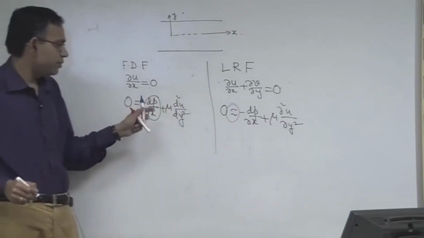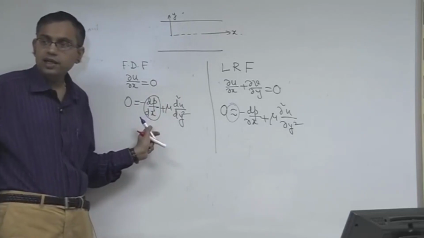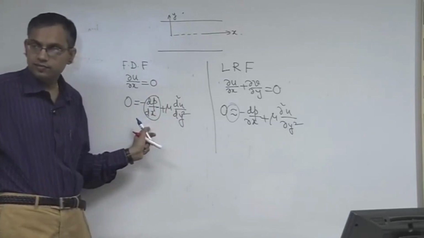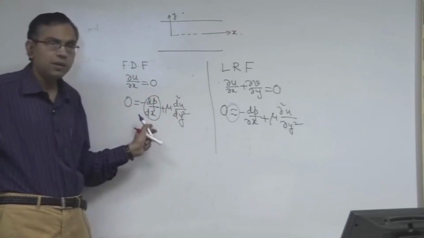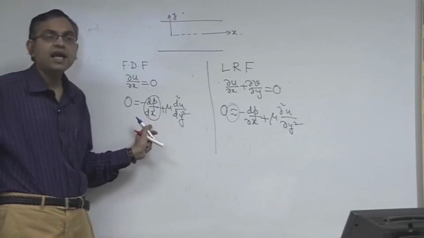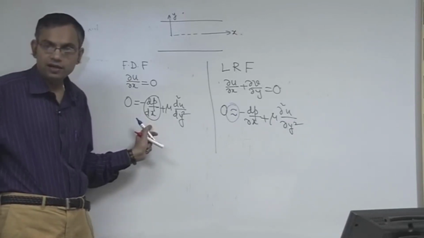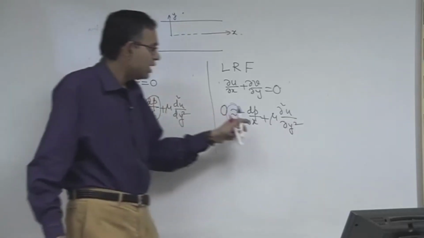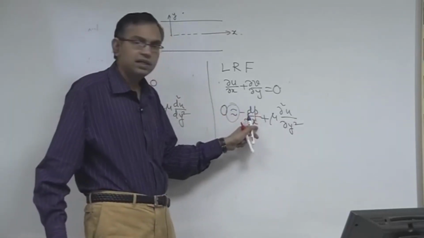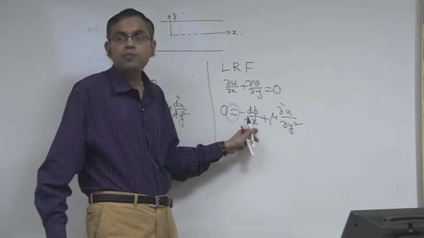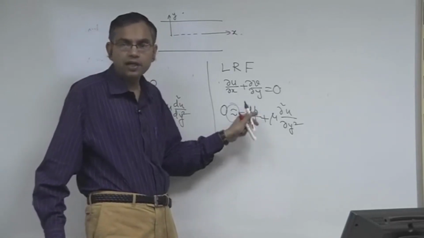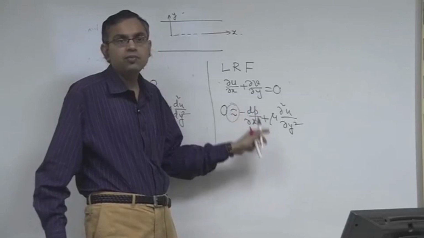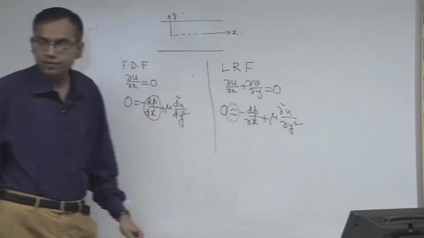in place of del p del x we have written dp dx. Here for fully developed flow that is an exact condition. On the other hand, here in place of del p del x we had written dp dx, that is an approximate consideration by comparing the terms in the x momentum with the terms in the y momentum equation.